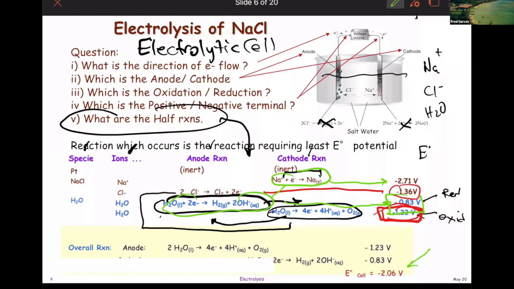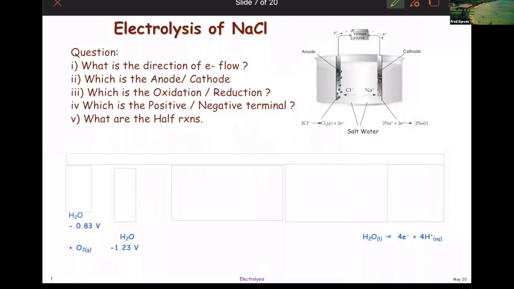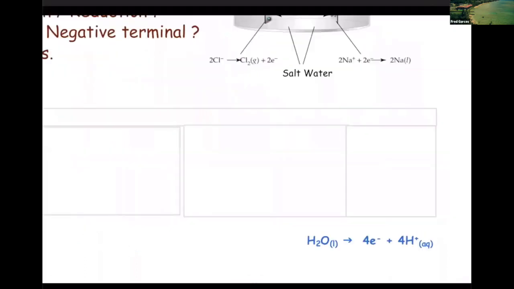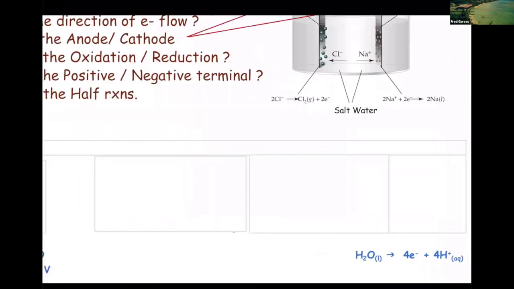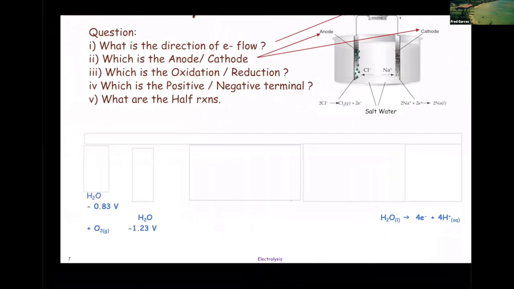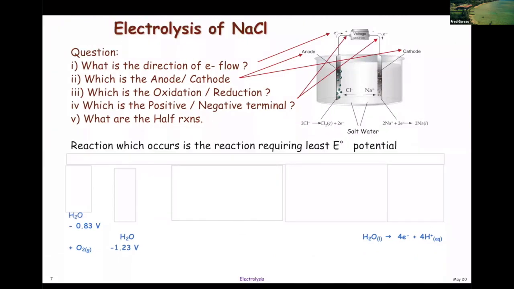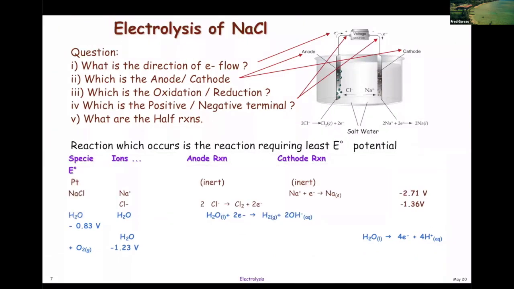Let's take a look at another example. Here is the electrolysis again of sodium chloride. Let me just see real quick if this is the same. Apologize for that. Yeah, this one's messed up. Let me go to a different electrolysis source.